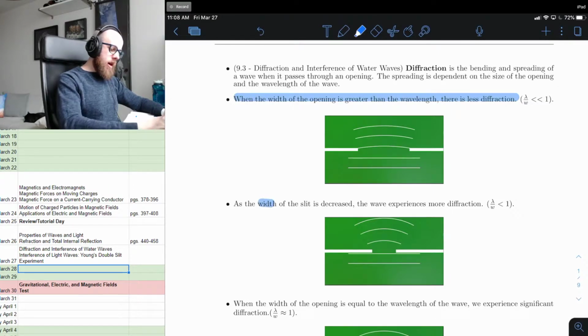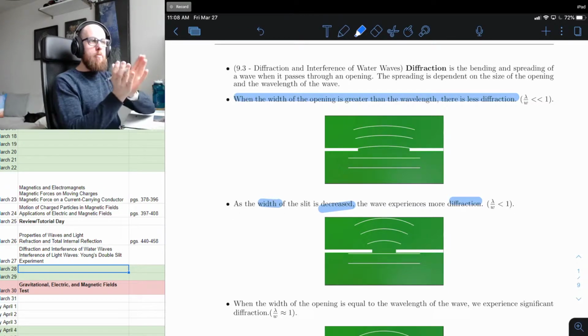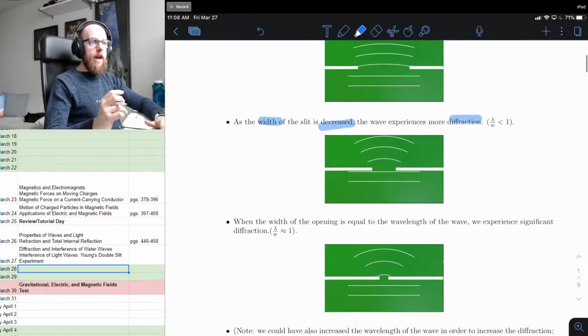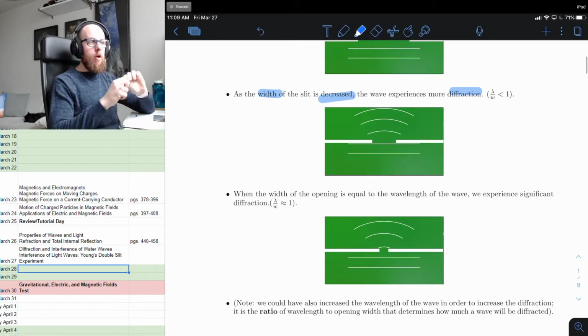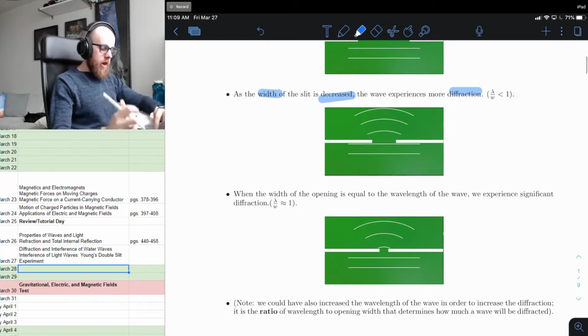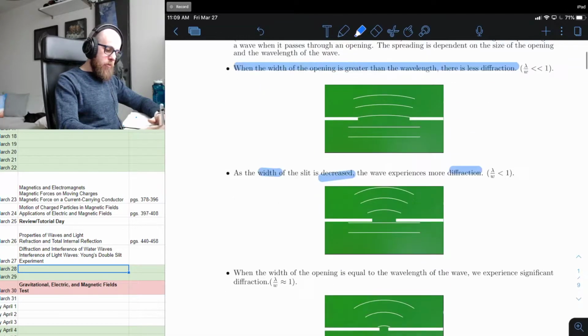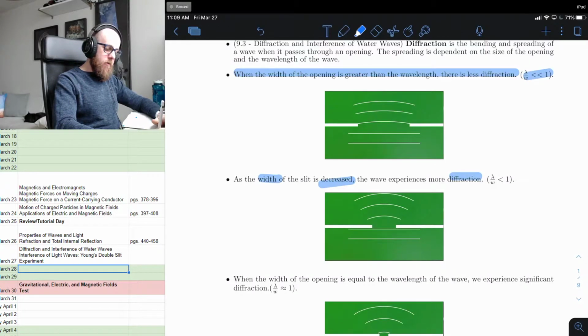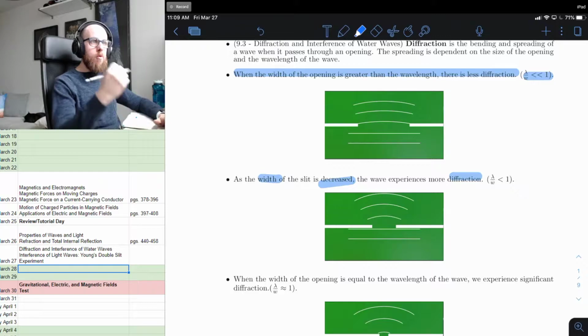As the width is decreased, the wave actually experiences more diffraction. So there's more bending as the width of the opening gets smaller. In brackets here, I indicate that really what we're focusing on is the ratio between the wavelength and the width of the spacing.